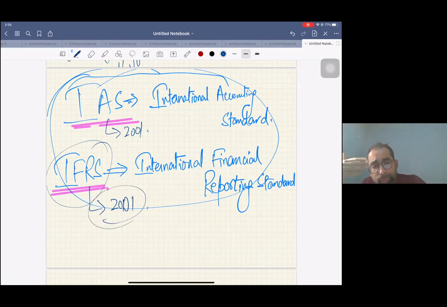But still, both IAS and IFRS are applicable, both are tested, and both are in our course. So we are going to do both of them. Okay, are you getting it?